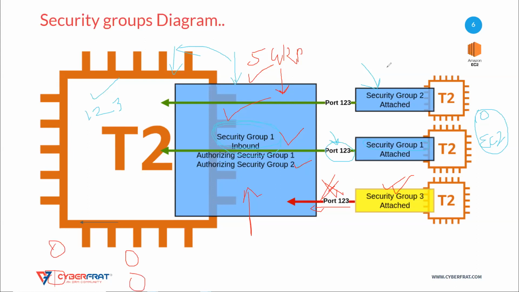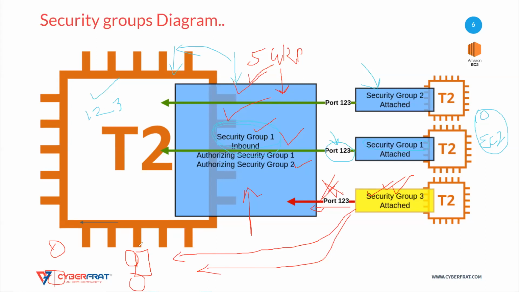Depending on what you have written here, in this scenario, all the resources attached to security group 3 cannot connect to these 10 of my EC2 instances, because these security groups are attached to these instances.